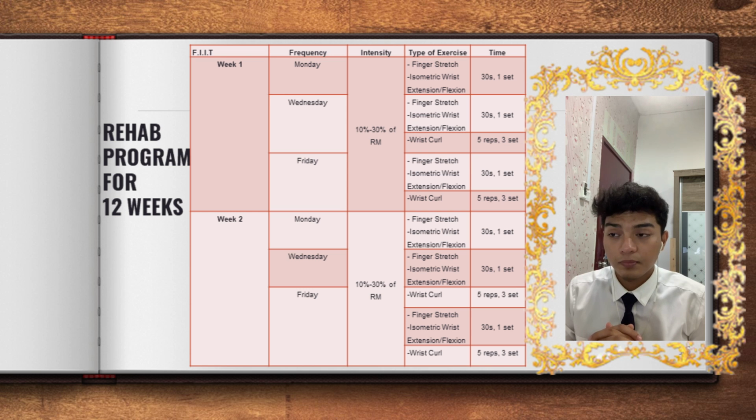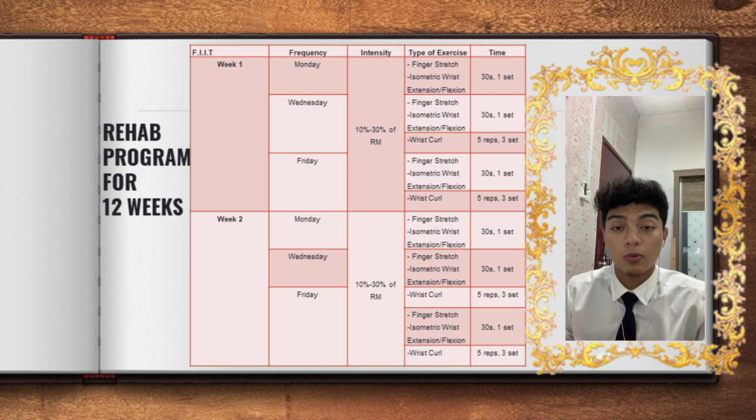And for Friday, the last exercise for week 1, it has finger stretch, isometric wrist extension and flexion for 30 seconds in one set, and wrist curl for 5 reps in 3 sets.